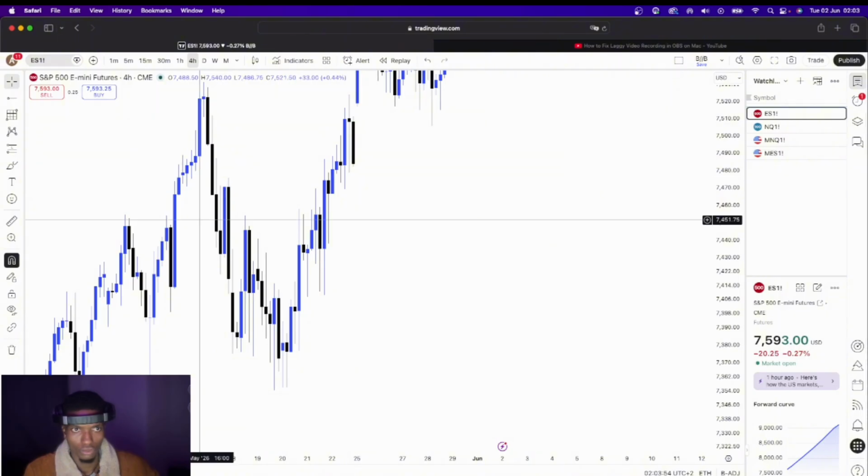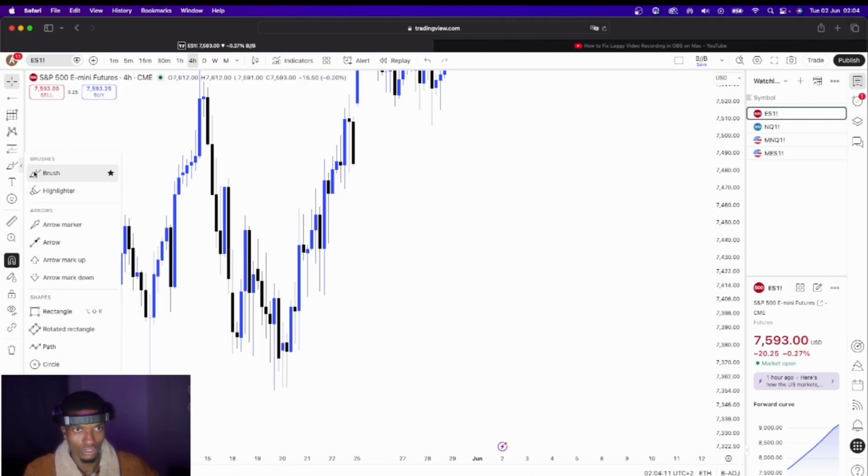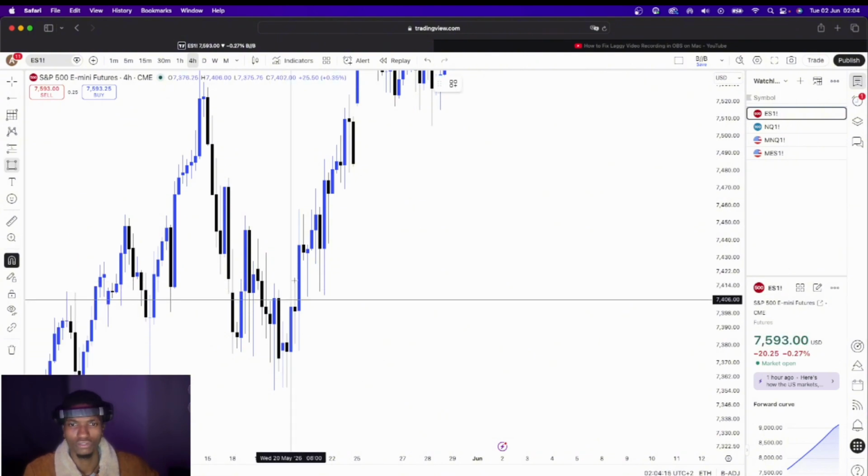So between this candlestick here, the black candlestick, and then this one here and that one, there's a gap in between those three. So we're gonna use a rectangle to highlight that, from that wick to that wick.